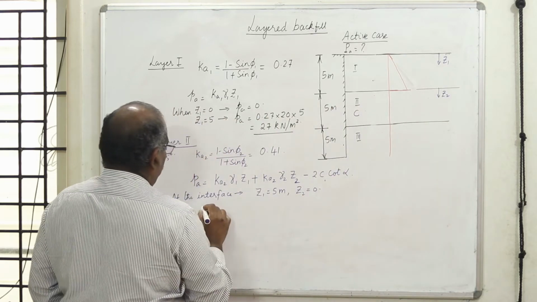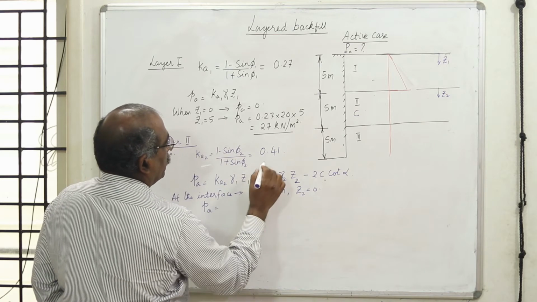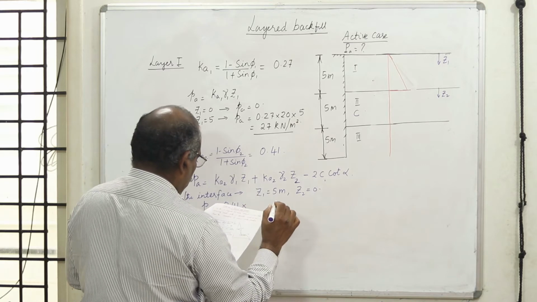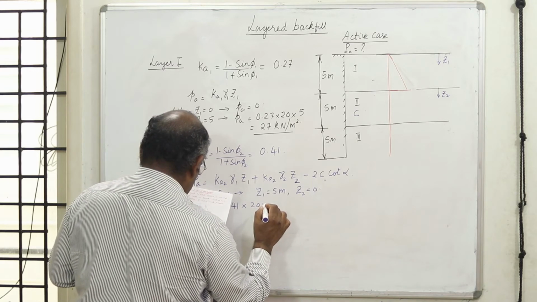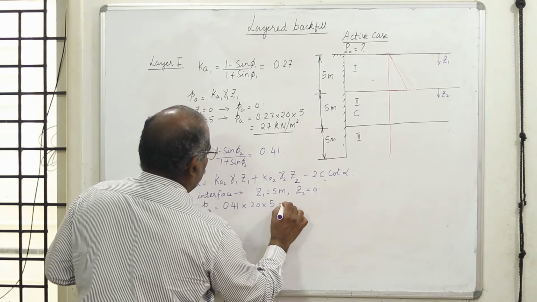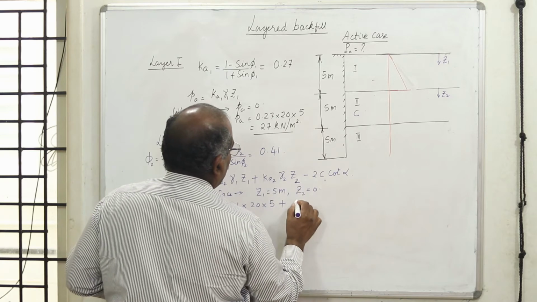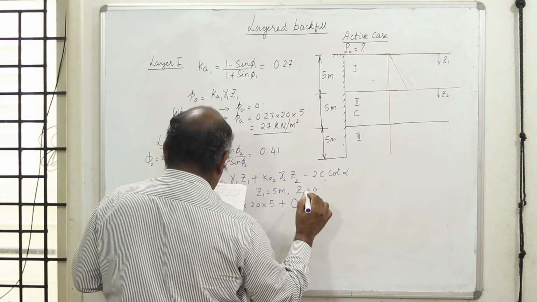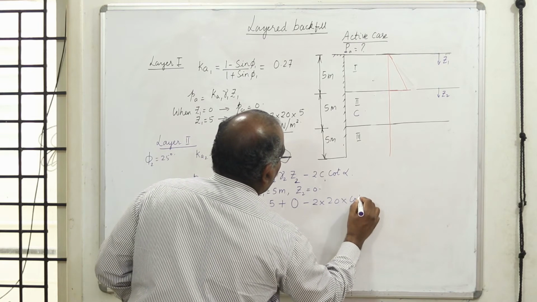Therefore, Pa, the intensity of pressure, will be Ka2, 0.41, into gamma 1, which is 20, into Z1, which is 5, plus 0, minus 2 into C, where the value of C is 20, into cot alpha.